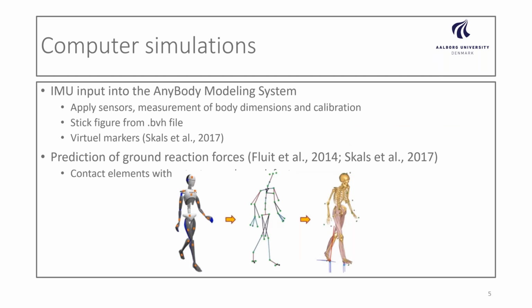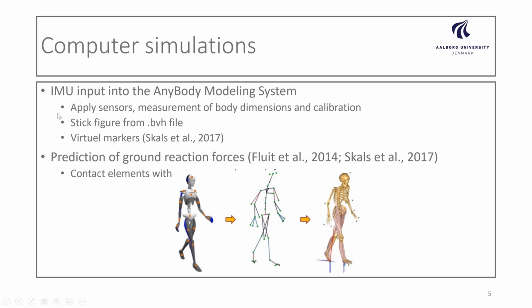In the next slide, I'll show a flow chart illustrating the flow of the computer simulations. But before I go into this slide, I just want to say a few more words about the inertial motion capture simulations in the AnyBody modeling system. Basically, the input to the modeling system is the signals from the IMU sensors.